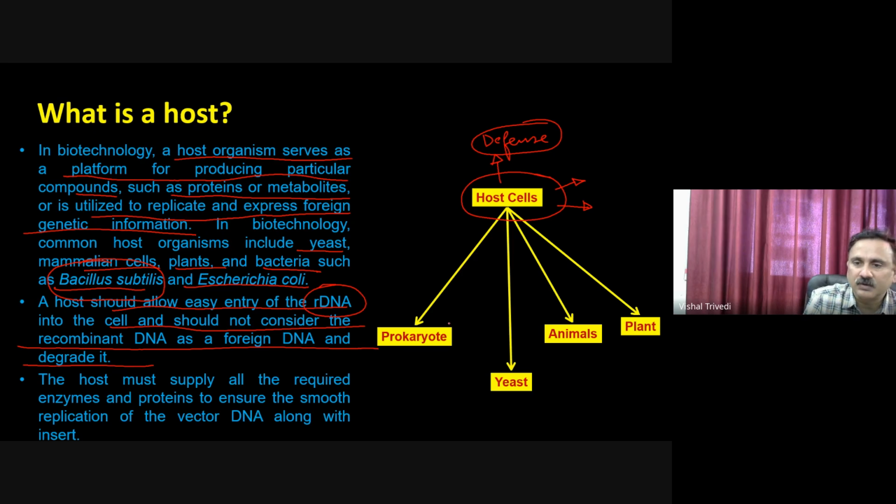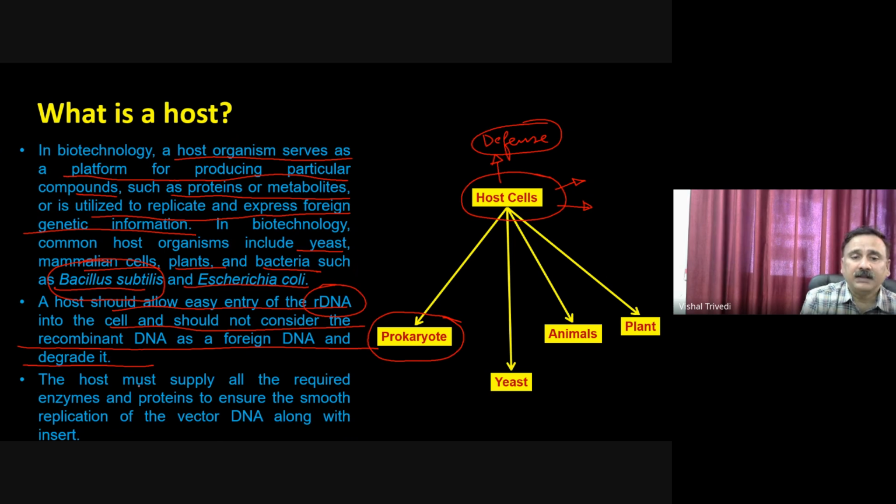If you are talking about E. coli, E. coli knows which DNA belongs to itself and which DNA belongs to a virus, which DNA belongs to animals, and so on. So host cells are conditioned in such a way that they allow the entry of this foreign DNA and do not recognize it as foreign DNA.